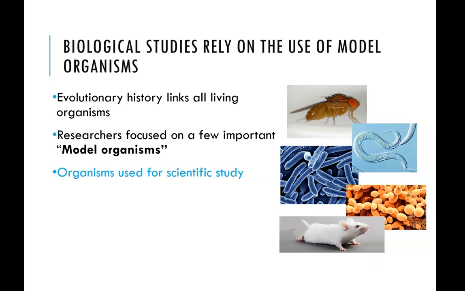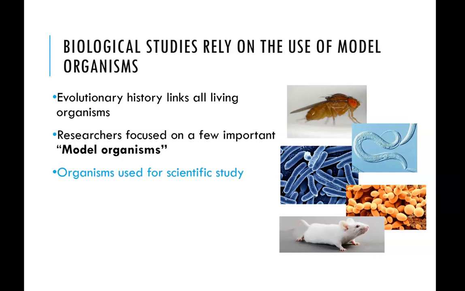Many biological studies start in model organisms. So let's say we want to know what a particular gene does in humans. Well, it's not really politically or socially correct to experiment on humans.